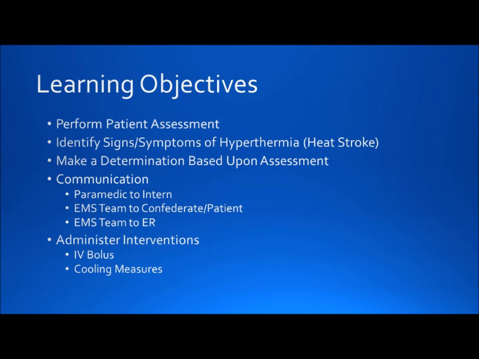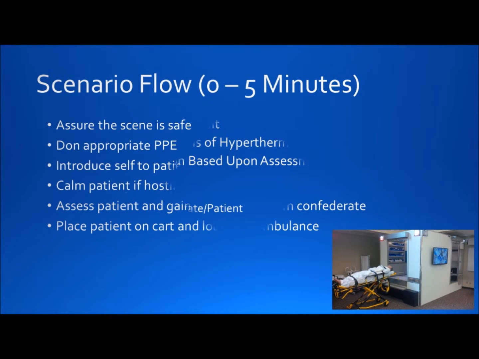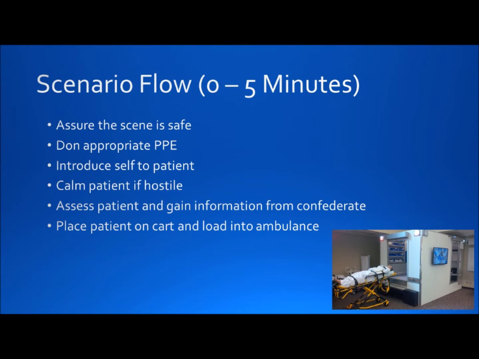The final objective deals with properly administering interventions. In this particular scenario, cooling measures, such as removing articles of clothing and running fans, as well as administering IV bolus, is appropriate. This scenario is designed to span anywhere from 10 to 15 minutes in length.